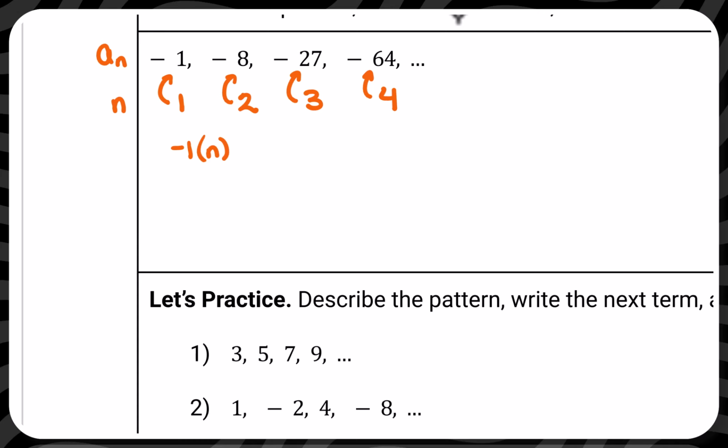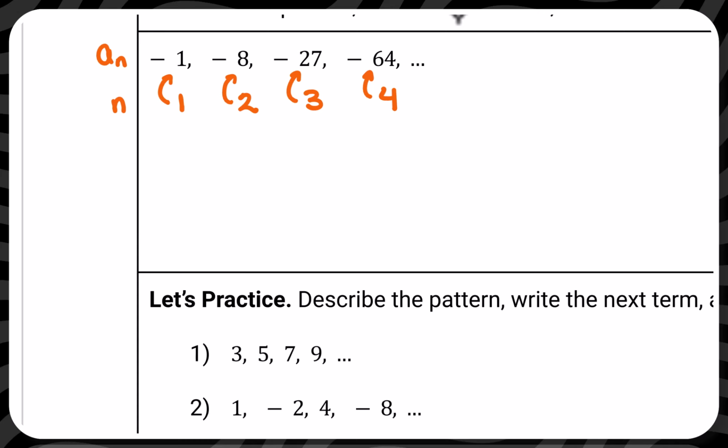If I plug in a 1 here, yes, but if I plug in a 2 here, I only wind up with negative 2, but I'm supposed to wind up with 8. So how can I redo this? Let's see here. I do know that 2 times 4 is 8, but 3 times 4 is not 27.